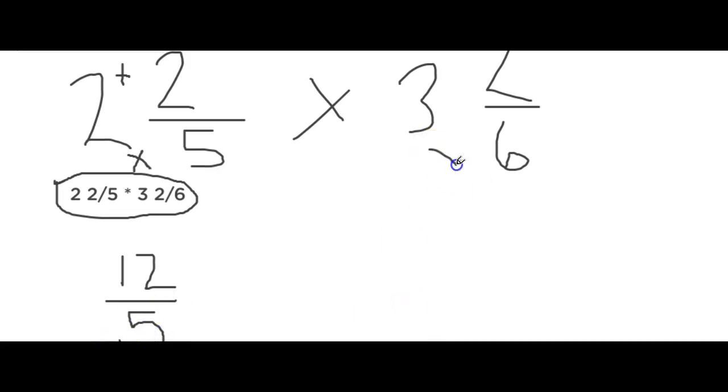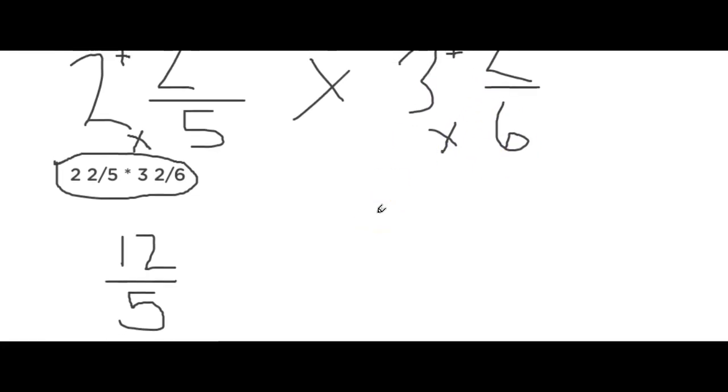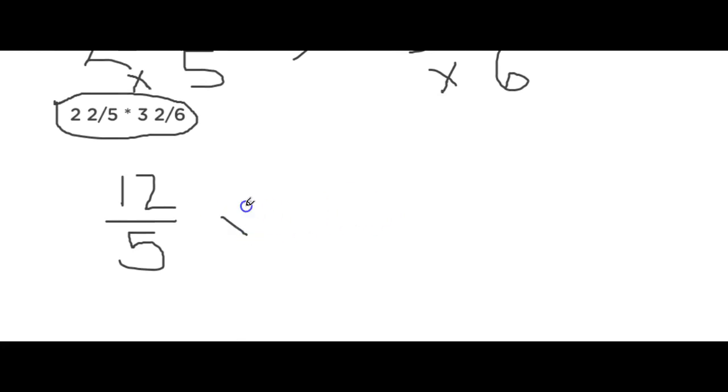Same thing here. 6 times 3 is 18, plus 2 gives you 20, so 20 over 6. And from here, we're just going to multiply across. So you'll have 20 times 12. 20 times 12, guys, what'd you get? That's right, 240.